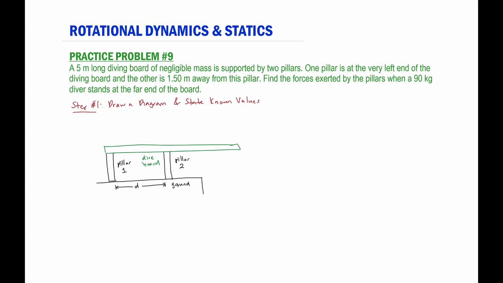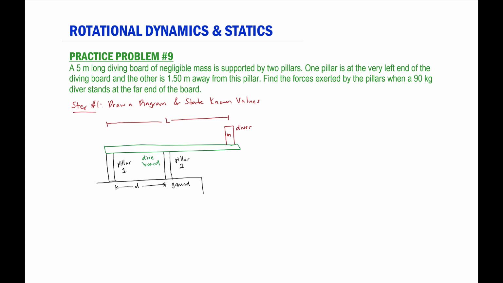There is a diver. We'll just draw a rectangle for the diver. Has a mass of m. And it is at the very far end of the board. So that means the total distance of the board is L, and that's how far the diver is away from the left side.